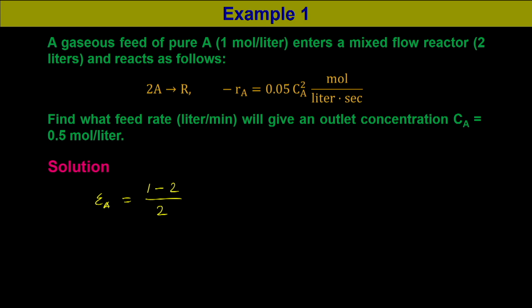As we can see from the stoichiometry, 2 moles of A react to produce 1 mole of R. So, 1 minus 2 divided by 2, this is equal to minus 0.5.